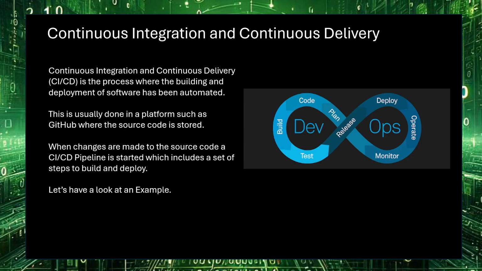This is usually done on a platform such as GitHub, where the source code is stored as well. When changes are made to the source code, a CI/CD pipeline is started, which includes a set of steps to build and deploy that application. So what I want to do now is go and show you an example of a CI/CD pipeline so we can step through its different steps and show you what the goal of it is.